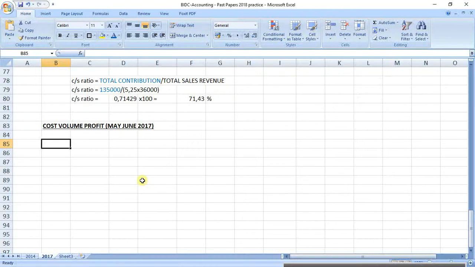Okay, then we need our selling price. What is our selling price? 5.25. Yes, 5.25. So we need points on the graph for that. How many points do we need to draw a straight line? 2, at least. Yes, at least 2. Flat line.